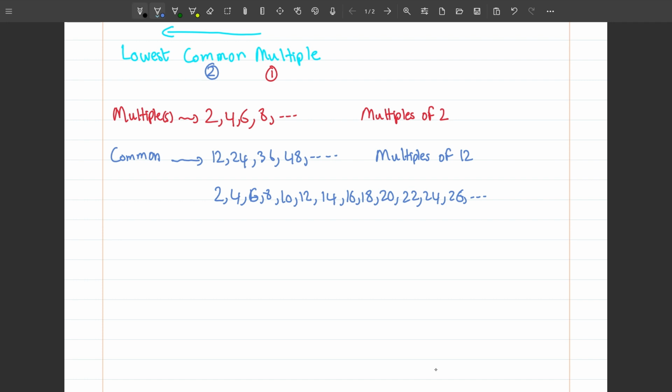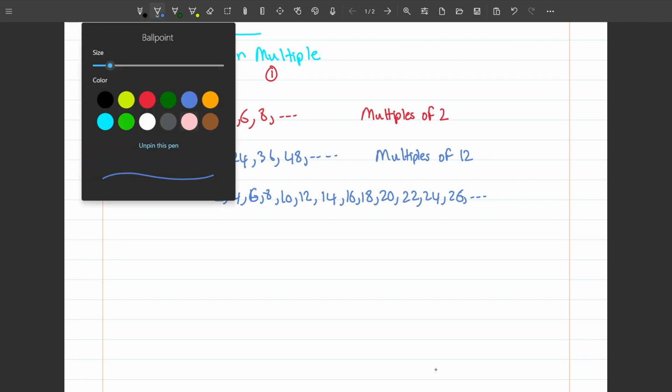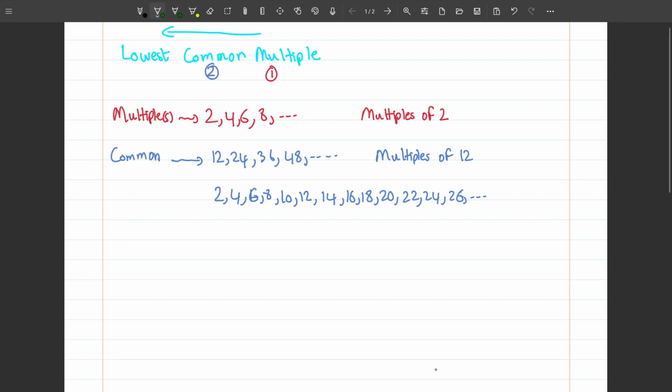To make you notice that if I want to talk about the common multiples, we will notice that there is 12. The first one, 12 by 1, is the first multiple of 12. And for the second number, which is 2, we will notice that 12 appears here also. So it's a common multiple of 2 and 12.